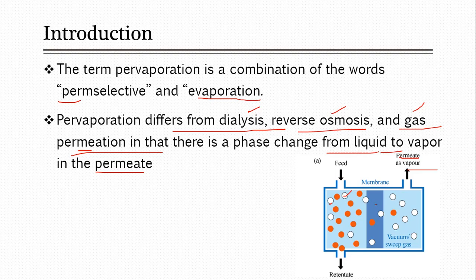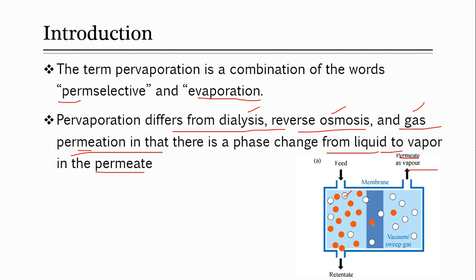So here, when some species pass through this membrane and are converted into vapors inside the membrane, its diffusion will increase, and when its diffusion increases, definitely its separation is higher as compared to other components, which will diffuse slowly. Overall, with this you are increasing the rate of diffusion and the rate of separation when you are using a pervaporation selective membrane.